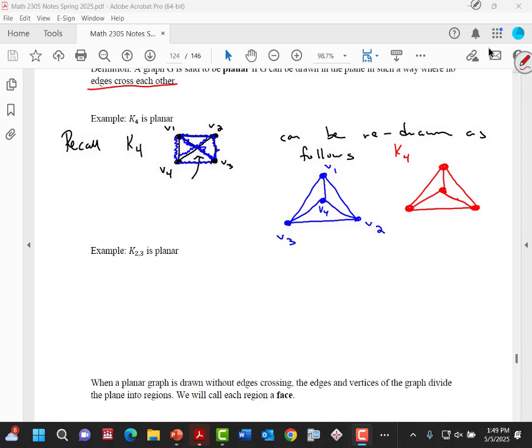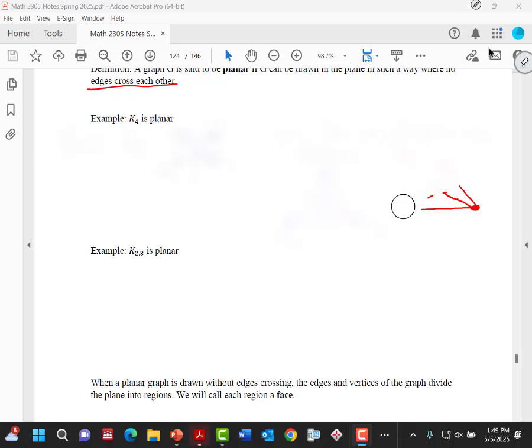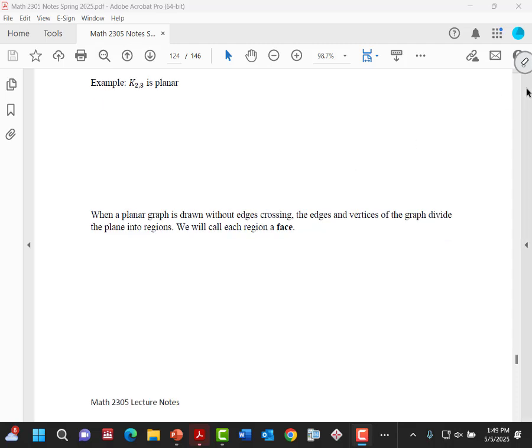Let's take a look at another example. K2,3 is planar. Okay, so let's recall what K2,3 looked like. Recall, K2,3. This was the complete bipartite graph.